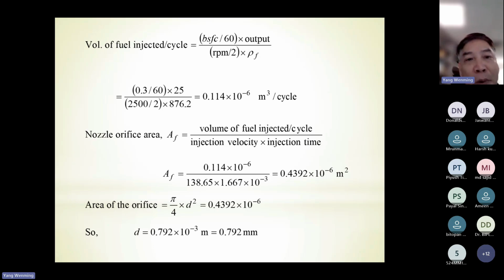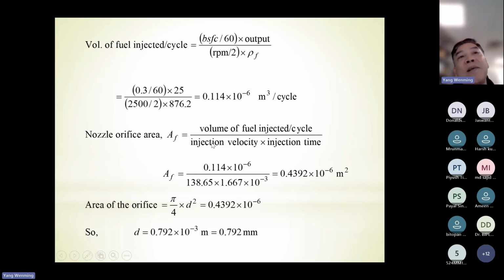We find the fuel injection amount is 0.114 times 10 to the power of negative 6 cubic meters per cycle. This is the volume injected per cycle.